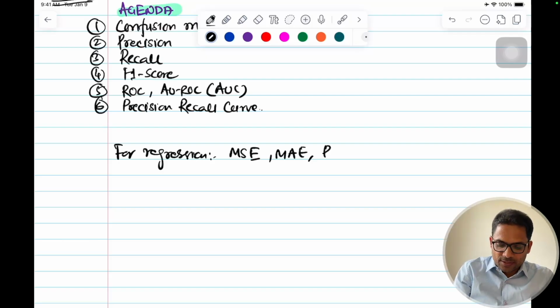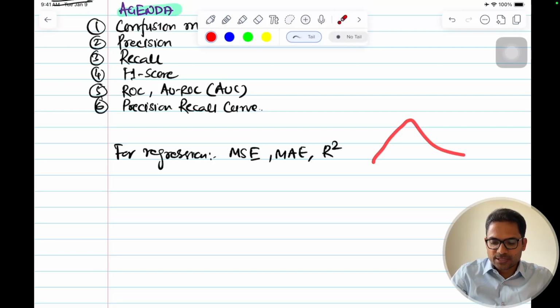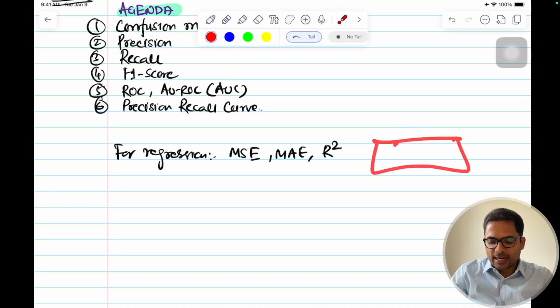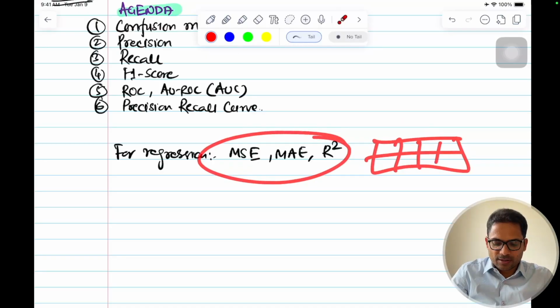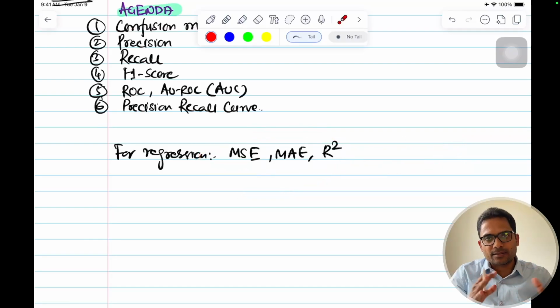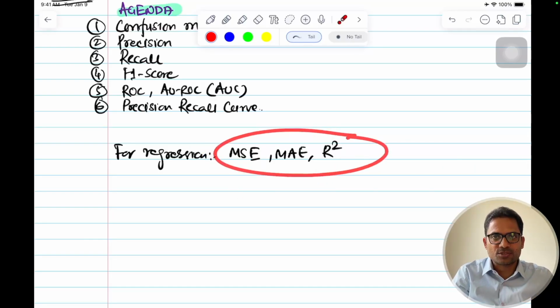Also we have the R square metric for evaluating a machine learning model, but this is all for regression, where we have numbers. In that case we use these metrics where we can do squares and multiple mathematical operations on the numbers.